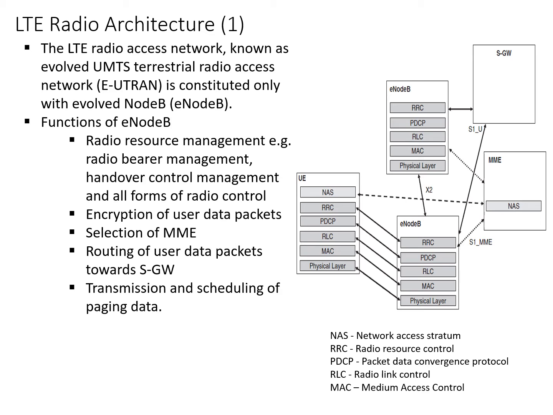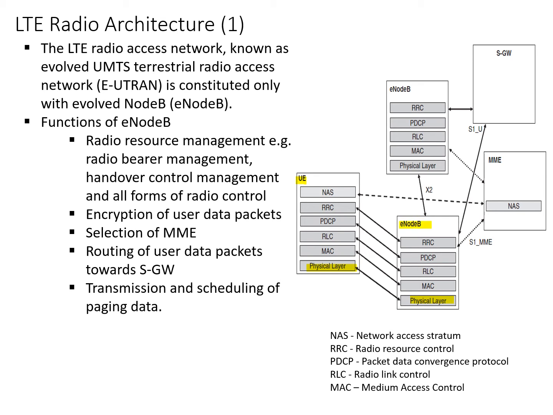Here you can see the protocol architecture of E node B and user equipment. Okay, first, UE and E node B physical layer is the same. This is user equipment.